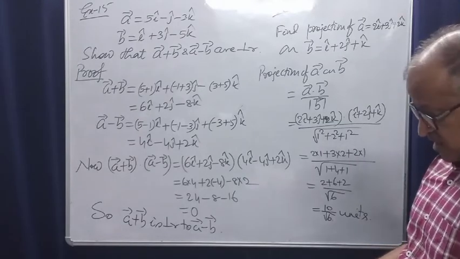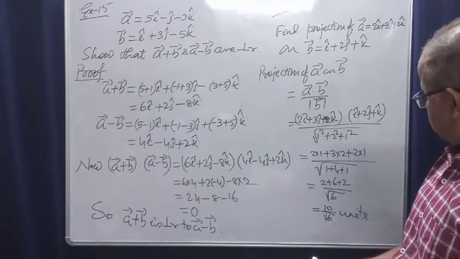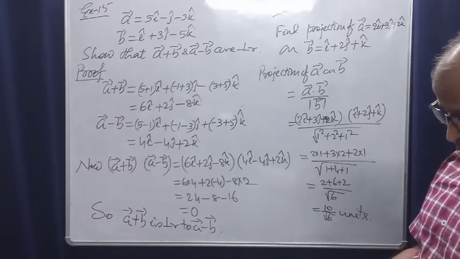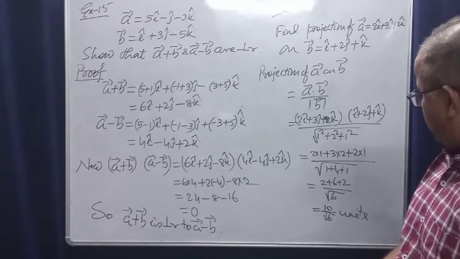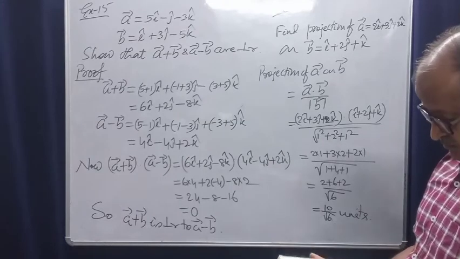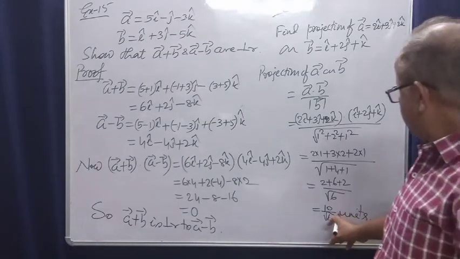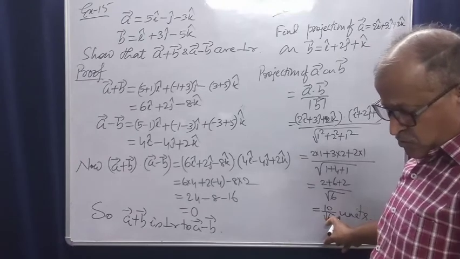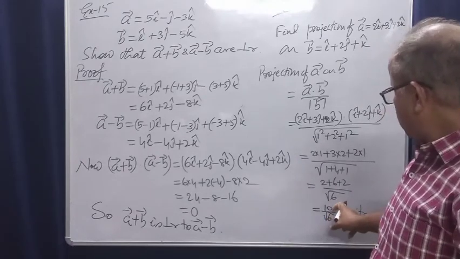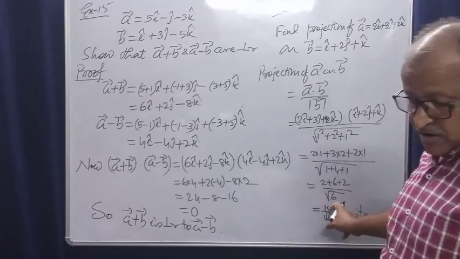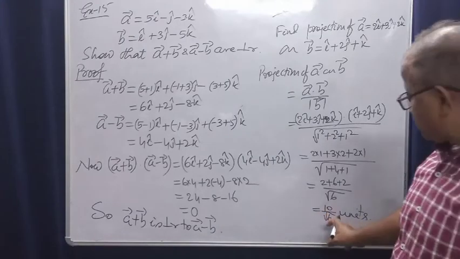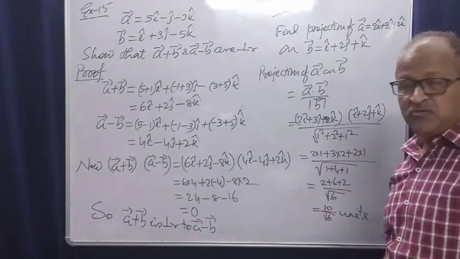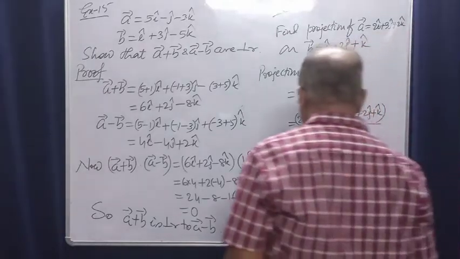5 by 3 root 6. Because you see it is root 2 root 3. So if you multiply above and below by root 6, it is 6, and 5 will cancel each other. That means it is like this.